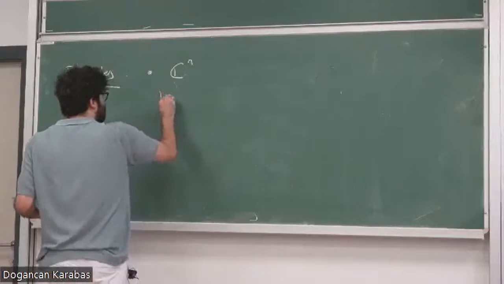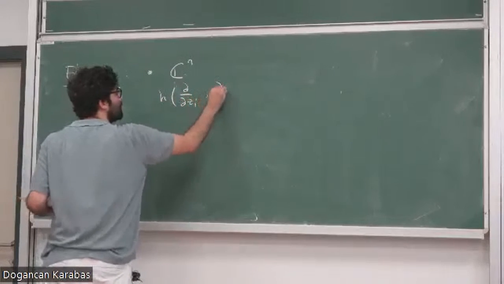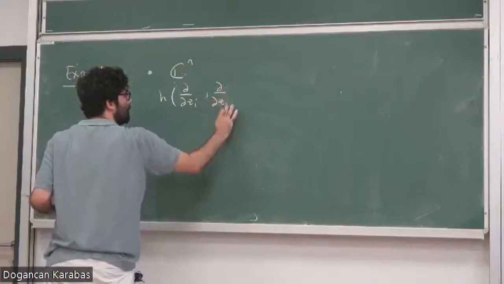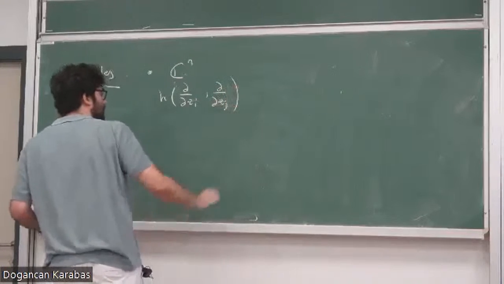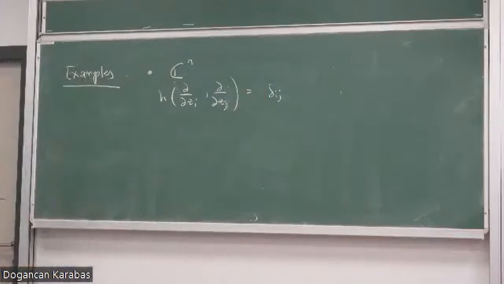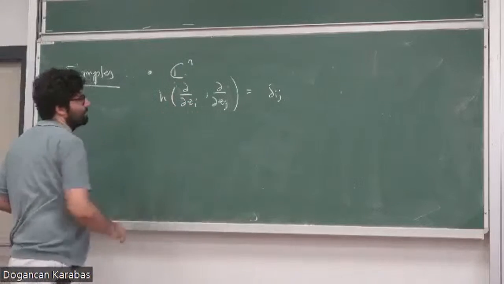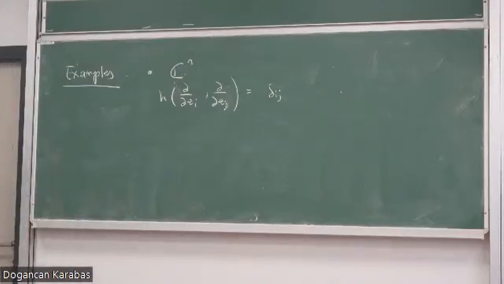And here you can take a Hermitian metric, which does this. Cj, and it's just delta ij here. If you input the same standard basis vector, you get 1, otherwise you get 0.